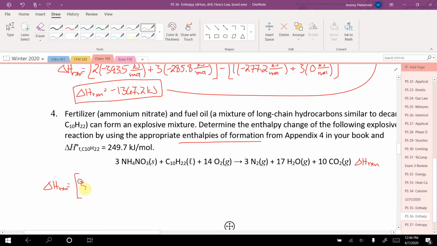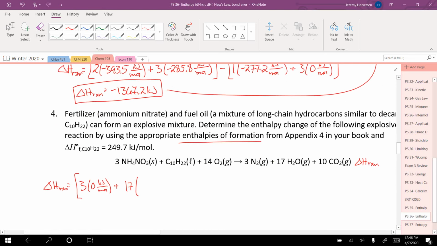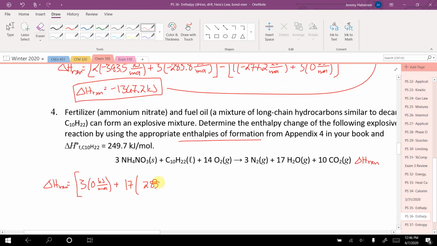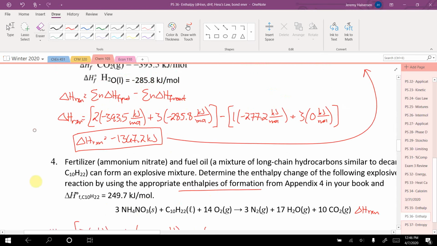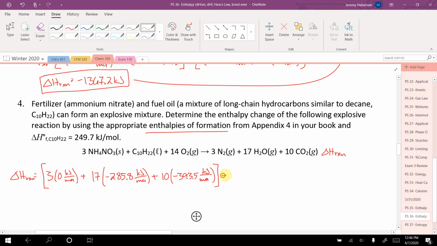So my products, I've got 3 nitrogens. Nitrogen's a pure element, so that's 0. 17 waters. And we actually used water up here, didn't we? They give us water was negative 285.8. And 10 CO2s. They said CO2 up here is negative 393.5. Minus my reactants.